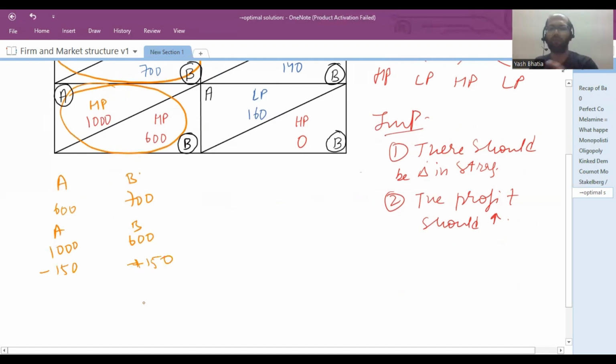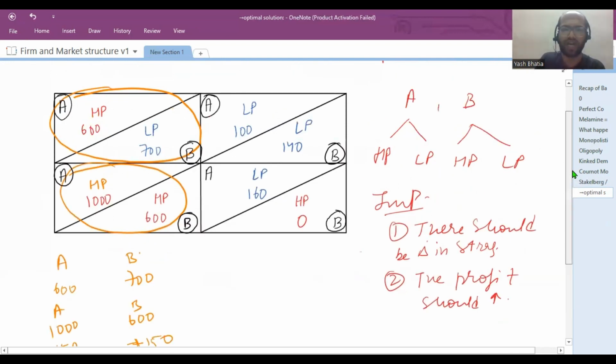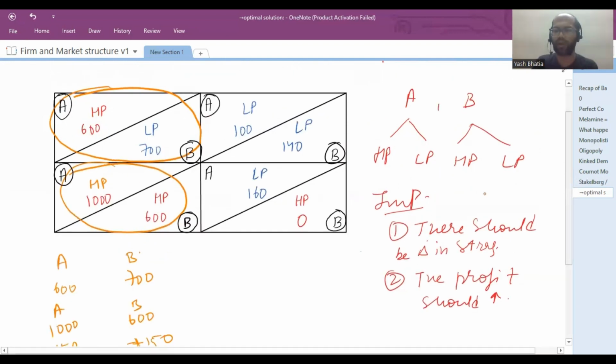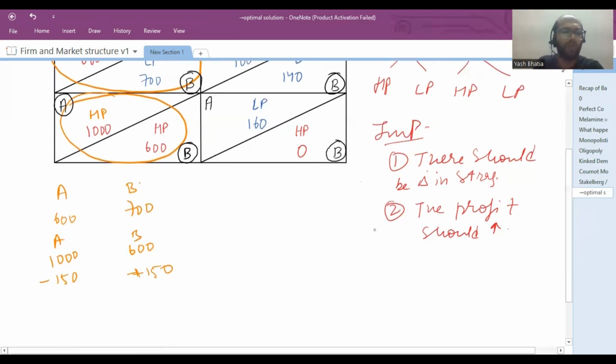If they both charge high price, they will move into the second quadrant. From the first quadrant, where B was charging low price, if they collude with each other and B also starts charging high price, they will move to the second quadrant, where B's profit is 600. Okay, so what A does is, A pays, let's say, $150 to B. So A's share is 850 and B's profit is 750.